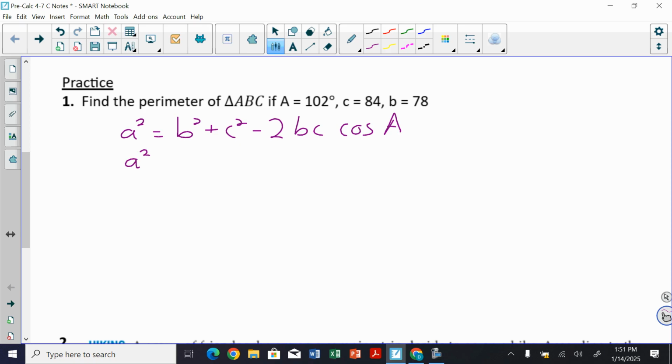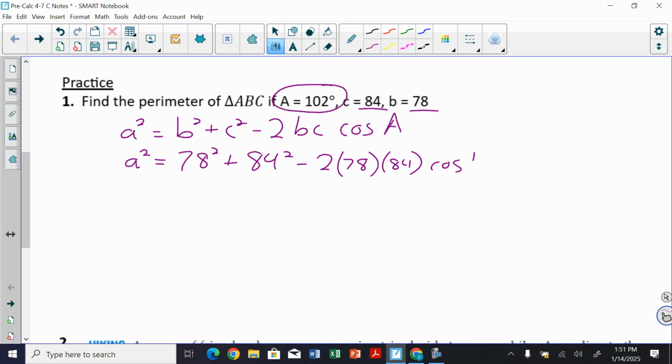And now I'm just going to put in the things that we have. I don't know what a squared is, so I'm going to keep it that. But b I have right here is 78 squared plus 84 squared minus 2 times 78 times 84 times the cosine of angle A, which is right here, cosine of 102. All right.